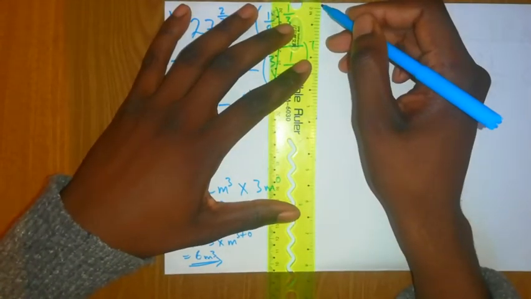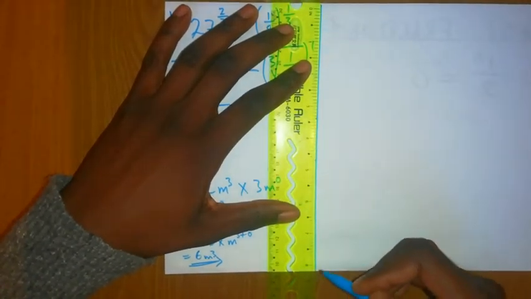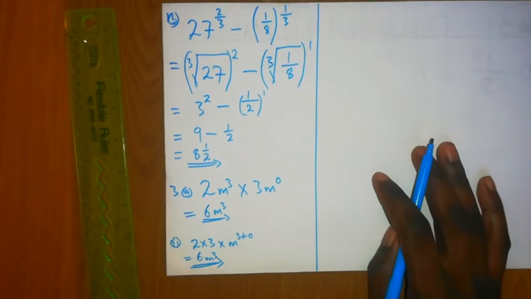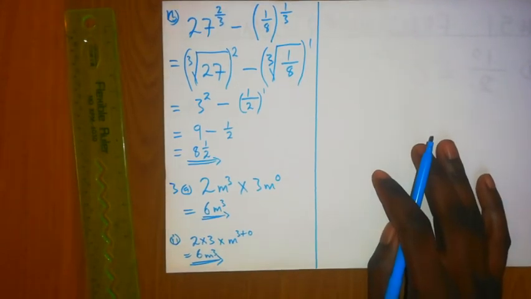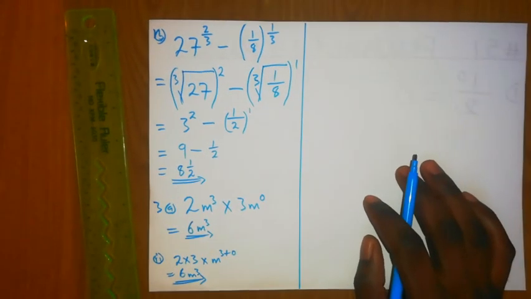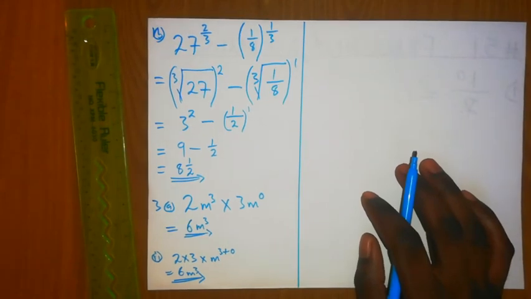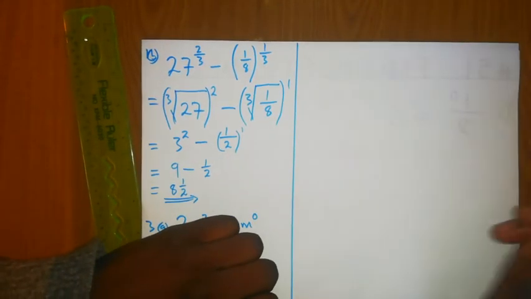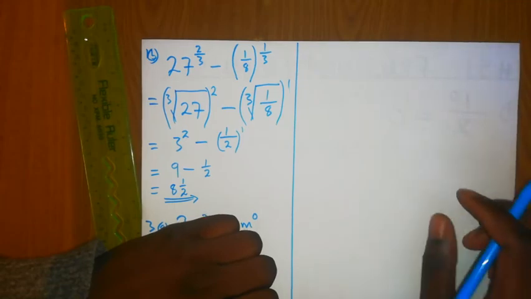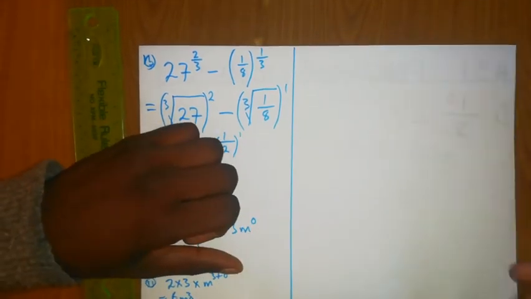Then we have what we call harder indices. Actually, I don't have some question papers here with me, but I've seen such questions from Cambridge examination question papers. You might find a question might appear in the form of a decimal, or it might be raised to a decimal.